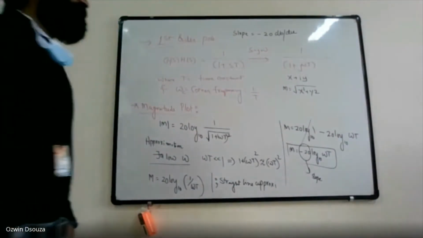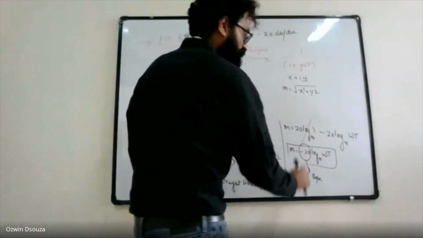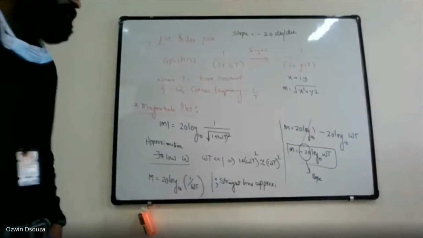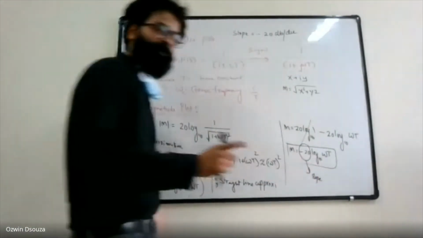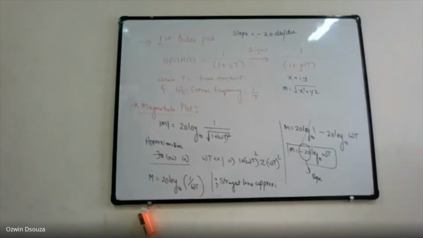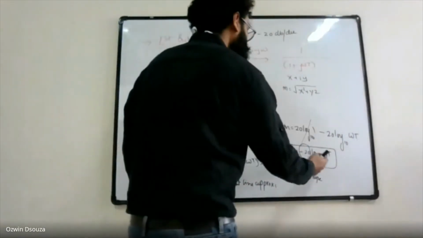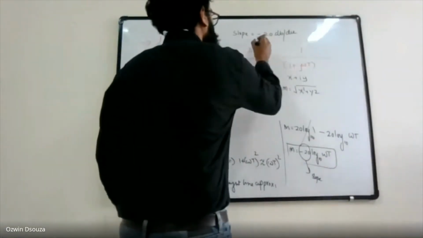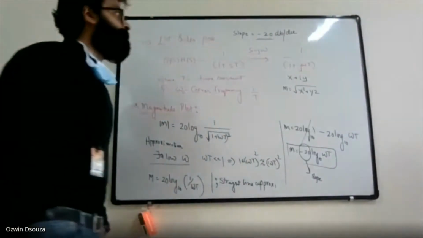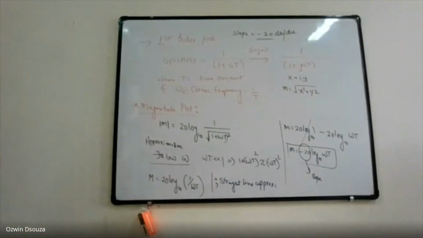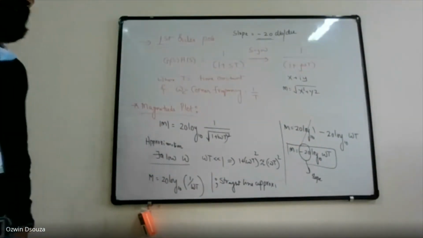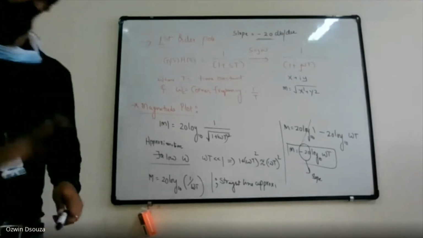See, this is in decibels, and log omega is basically your frequency scale, which is varying logarithmically, right? So magnitude is getting varied by a factor of minus 20. So a first order pole will give a slope of minus 20 decibel per decade.